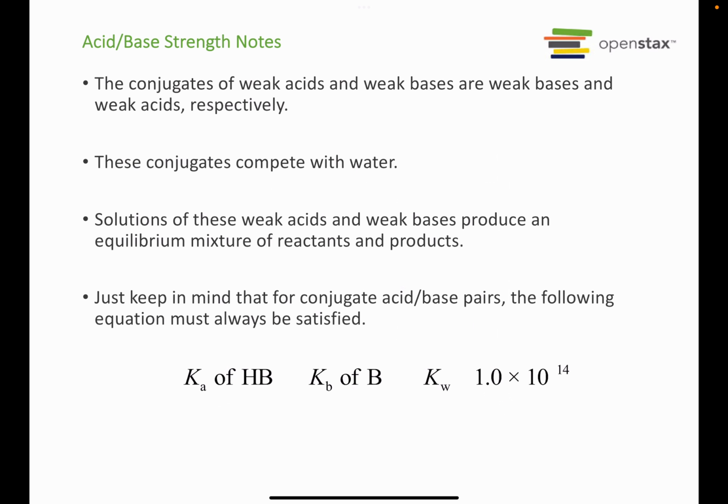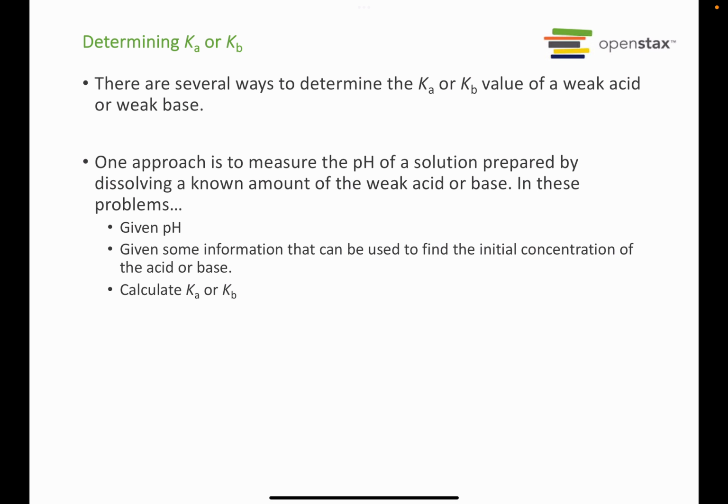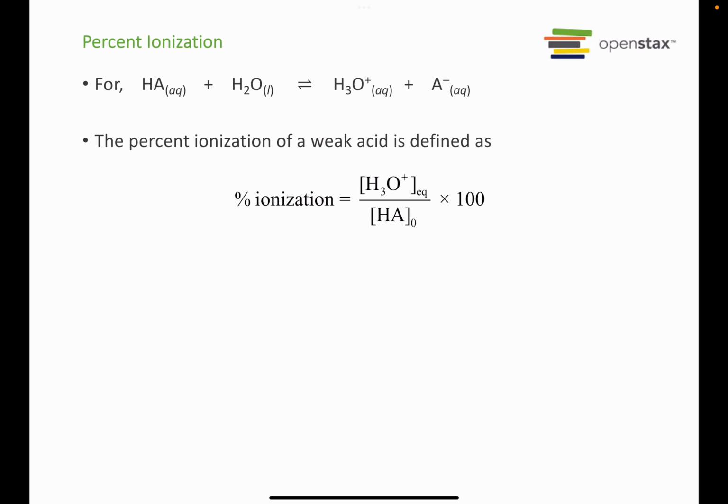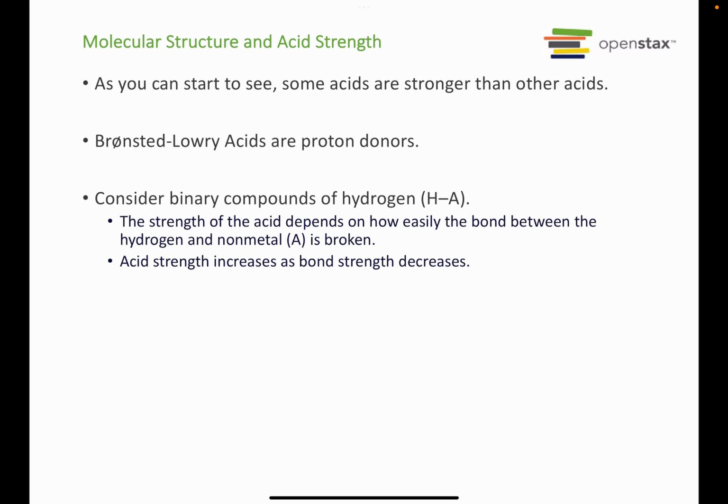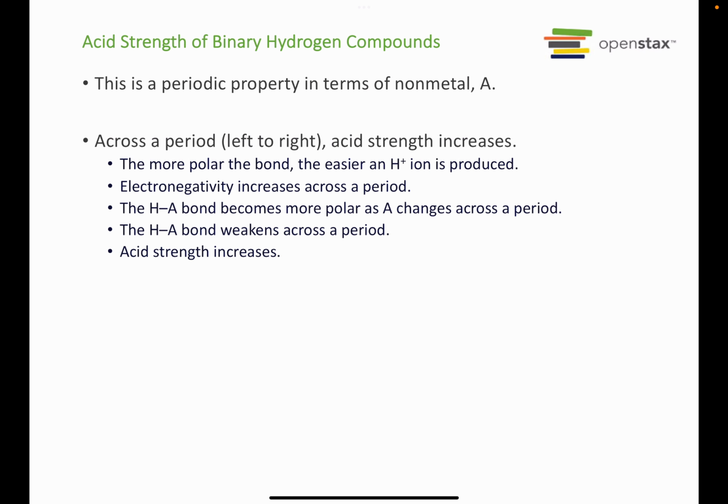Acid again. Now, how do we figure out Ka and Kb, right? That's the key, okay? And this is percent ionization. All right. How do we figure out Ka and Kb, and how do we calculate pH? Keep going.